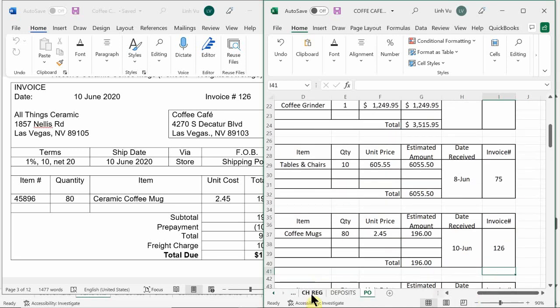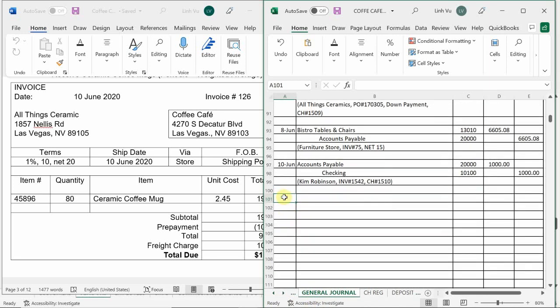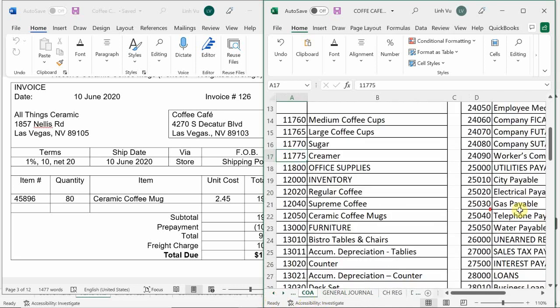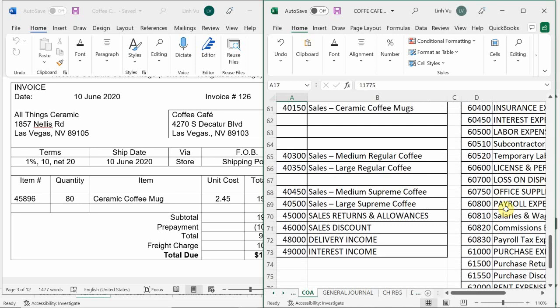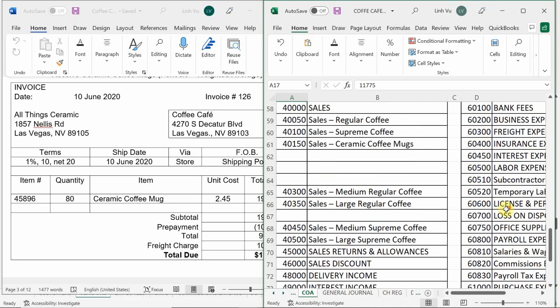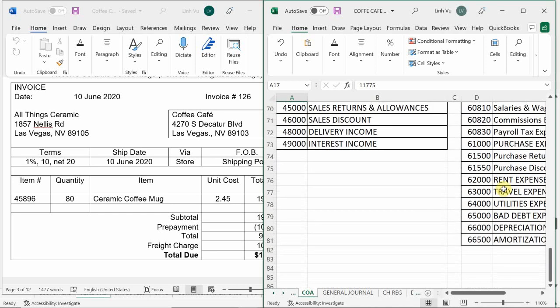So now that we acknowledge that we have a purchase expense and a freight expense, let's take a look at my chart of accounts. Do those accounts exist? We have freight expense at 6,300, and do we have a purchase expense?